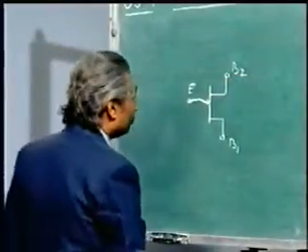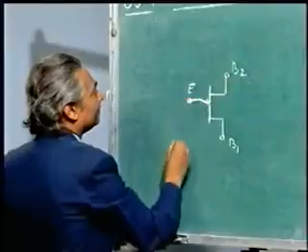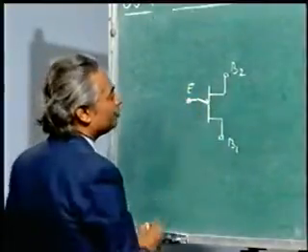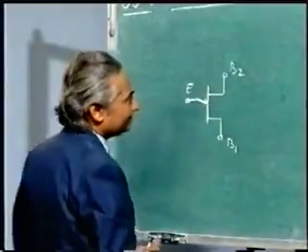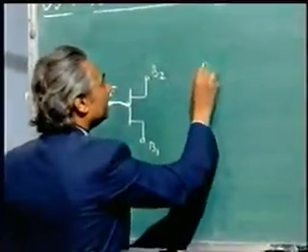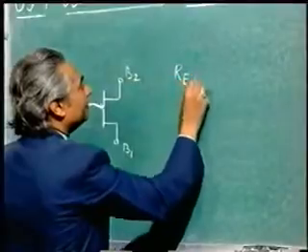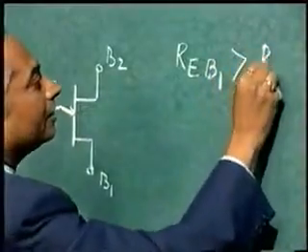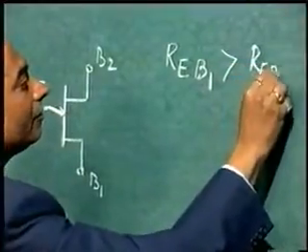Now you also know that the emitter is spaced such that it is nearer to B2 with respect to B1. That means the resistance between emitter and base 1 should be greater than the resistance between emitter and base 2.